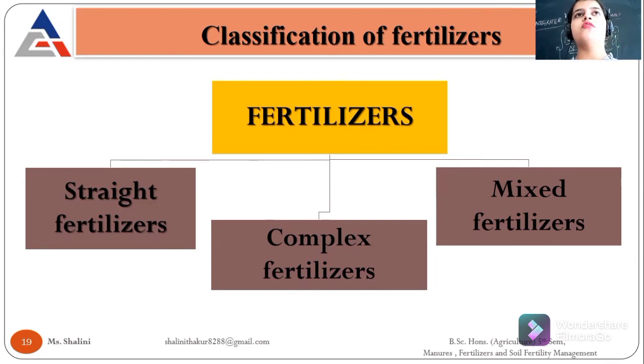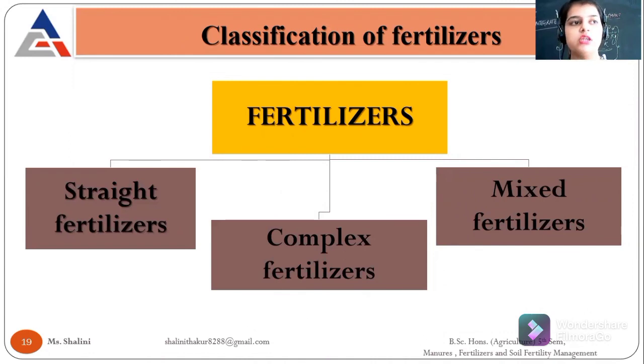Two more types are low analysis fertilizer and high analysis fertilizer. Low analysis fertilizers contain less than 25% of any primary or essential nutrient. I can give the example of DAP.